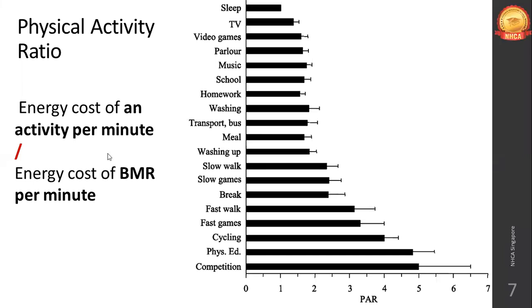For every activity like homework, washing, you have to add and take the average of it, or just take a summation of it. On average, how much this person is burning, or on average what is the physical activity happening for this person, you can understand that.